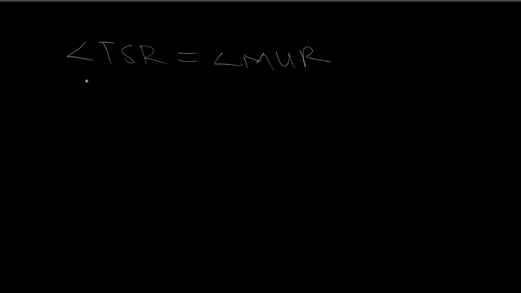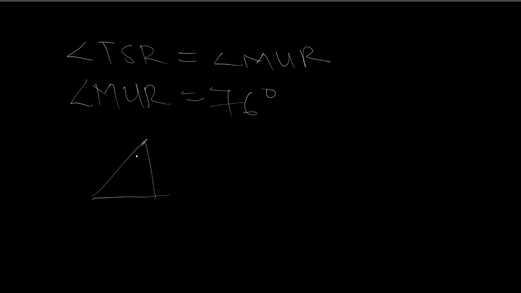So in that case, angle MUR should also be 76 degrees. Which brings us to this triangle. This side, which was phi, becomes our 50. This side becomes our 76. And this is the angle we are asked to find, so theta.